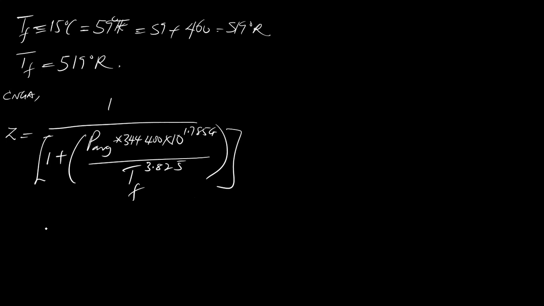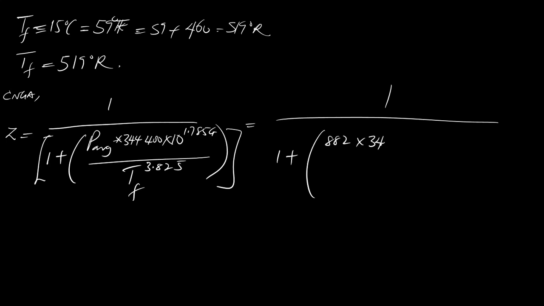So now we have 1 divided by 1 plus the average pressure of the gas, 882, times 344,400 times 10 raised to power 1.785 times 0.6, all divided by 519 raised to power 3.825.